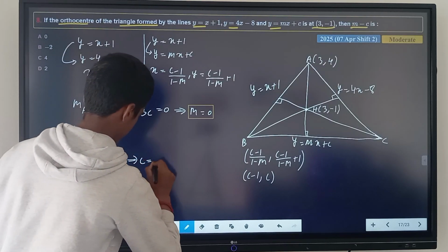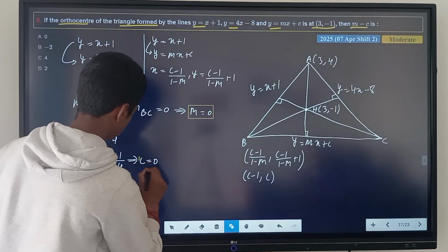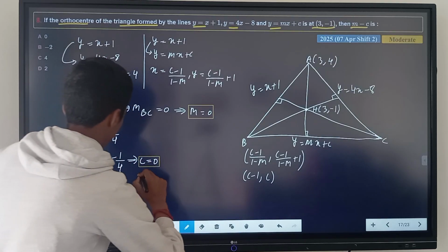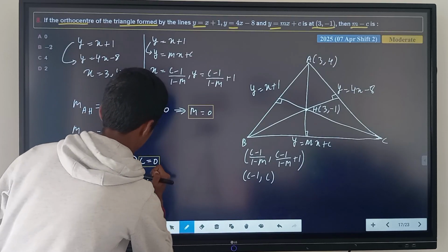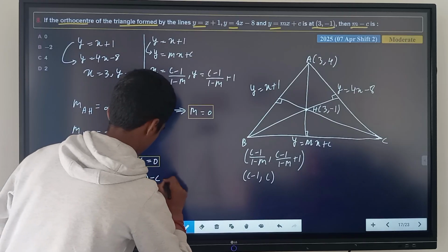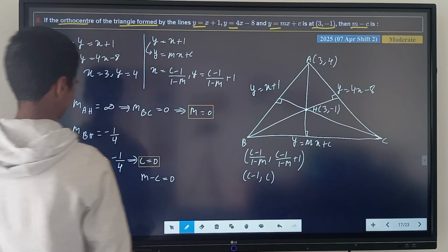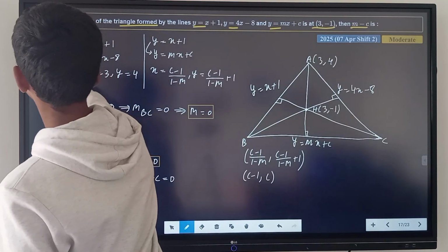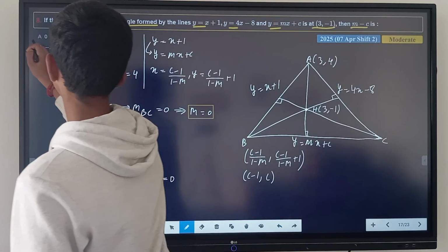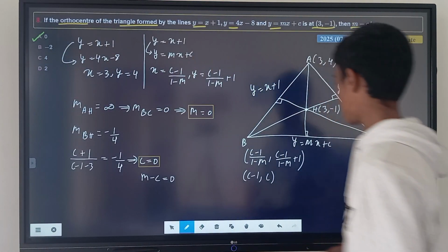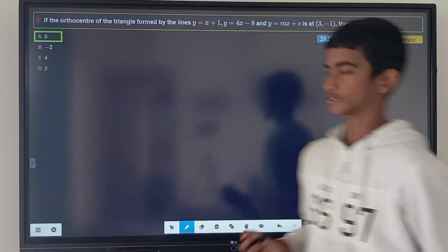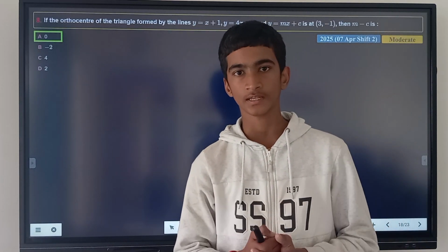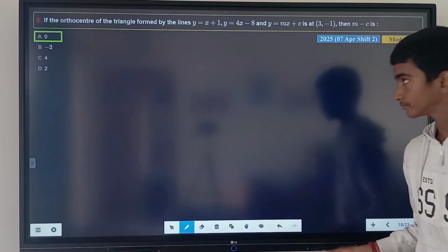From here c is equal to 0. So from here we will get m minus c is equal to 0. From here we can say that our option A is correct. And here is our solution and we can see that our answer is correct.